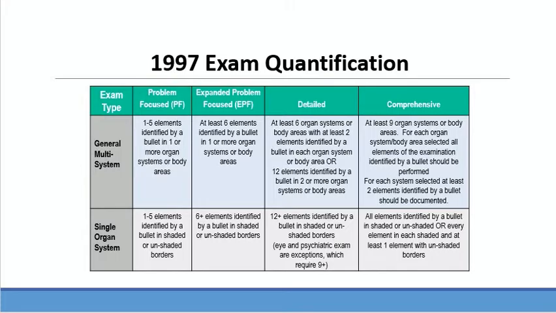A detailed exam would need 12 or more bullets in shaded or unshaded borders for all of the single organ system exams, except the single organ system exam for eyes or psychiatric, which will require at least 9 elements identified by a bullet. The single organ system comprehensive exam requires all elements identified by a bullet in shaded and unshaded borders, or every element in each shaded border, and at least 1 element identified by a bullet in each unshaded border.